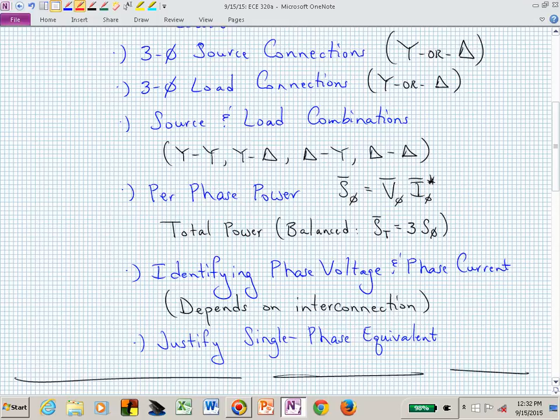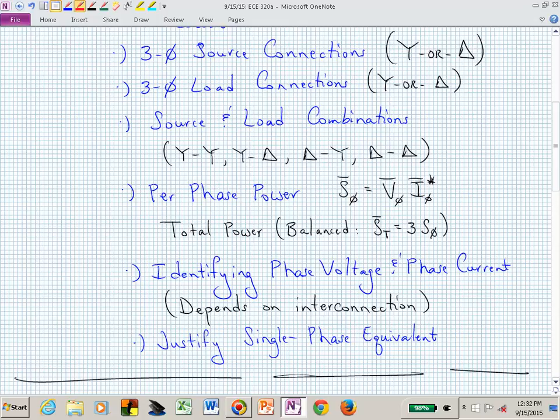But then we will start to look at how do we compute the complex power associated with three-phase systems, and we'll isolate on one particular phase. Luckily a single phase uses exactly the same formula that we've been using in Chapter 10, V I star. That gives us our complex power when V and I are phasors.